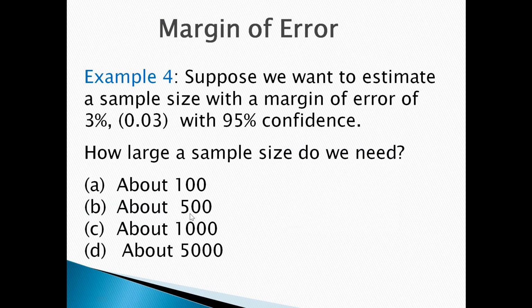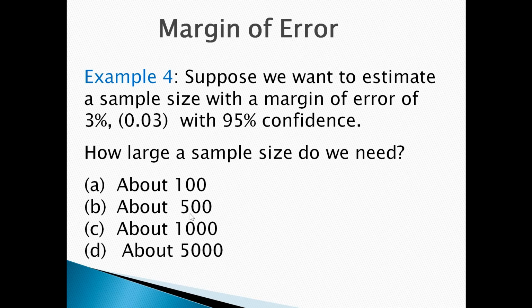Example 4. Suppose we want to estimate a sample size with a margin of error. So suppose you are starting an experiment and they told you that they want their results to be within 3% of margin of error. Since you know the ME, you can estimate the n, which is the sample size, how many cases you need to go and collect.